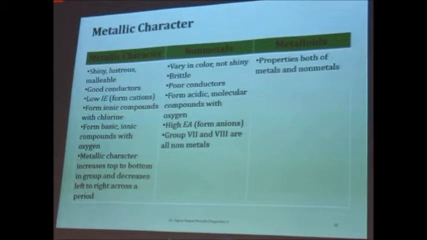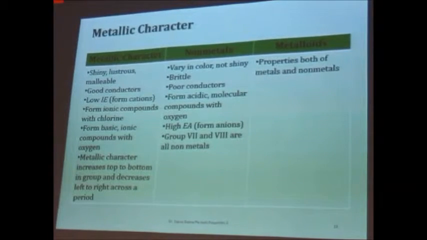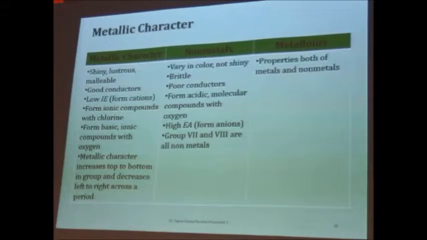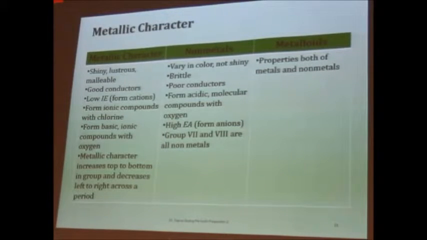So metallic character, you told me about all of this in chapter 2, because that's when we were learning about the periodic table. So these are the metallic characters of any element, that they should be good conductors of heat and electricity and so on and so forth. And then we have the non-metals, and then of course the metalloids, which have a little bit of the properties of both. So you can use them whichever way you want to use them.